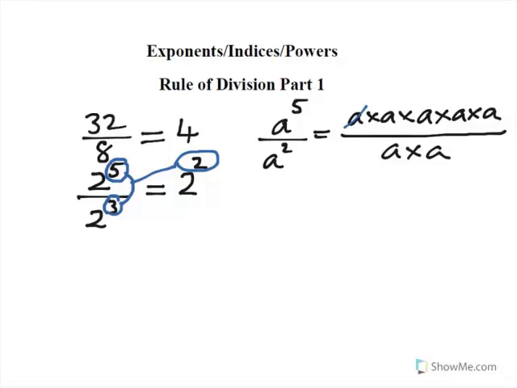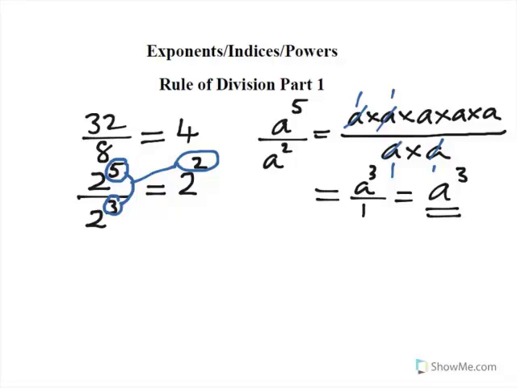We can cancel this a with this a and this one with this one. And what's left in the numerator? A times a times a is a cubed. In the denominator, 1 times 1 is 1. If you divide anything by 1, you get the thing itself. So a cubed divided by 1 is a cubed.